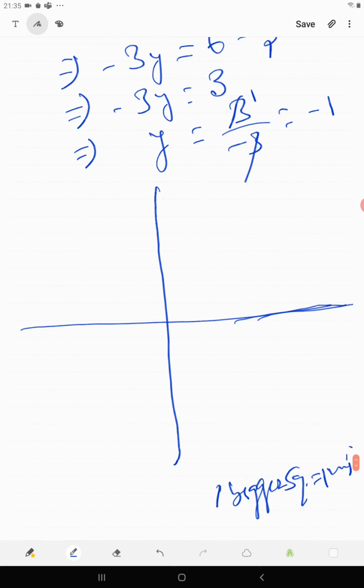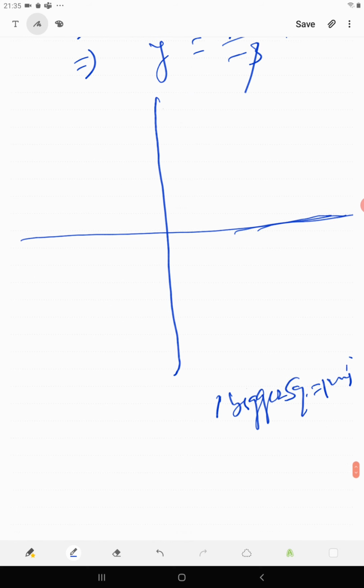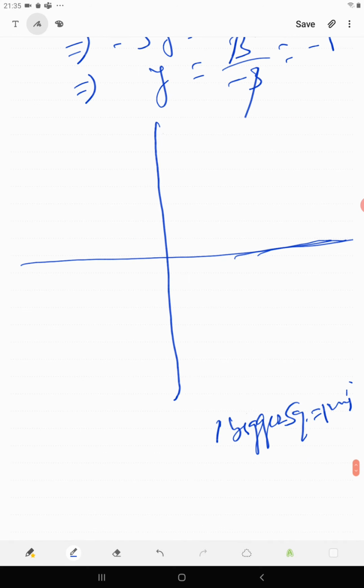Whatever you are taking, please mention it in the graph. It is a good practice. So one bigger square in the x-axis equals 1 unit, and one bigger square in the y-axis equals 1 unit. In both, one bigger square I am taking as 1 unit.